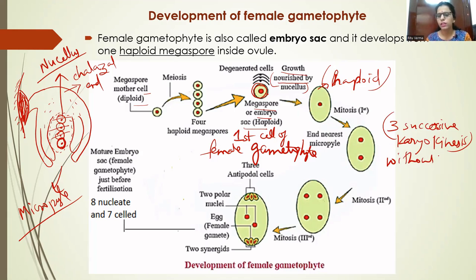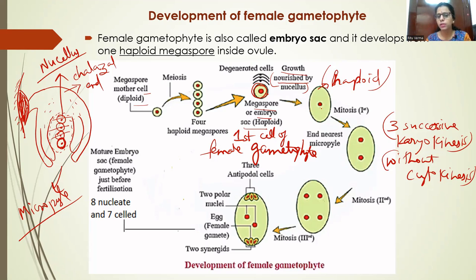Cytokinesis does take place, but at the end of the karyokinesis. So first this haploid megaspore will undergo karyokinesis by undergoing mitotic cell divisions.